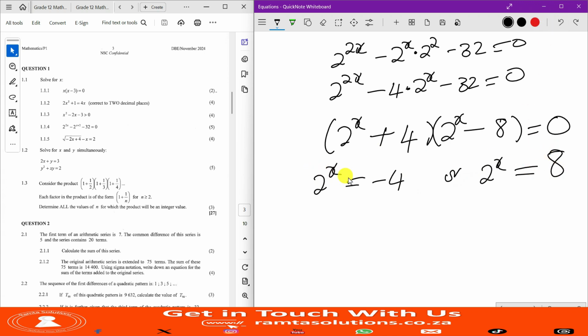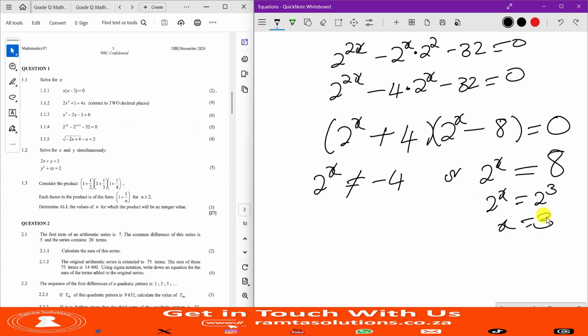Guys, this one is not possible, but this is. You know that this will be 2 to the 3. Therefore, x equals 3.